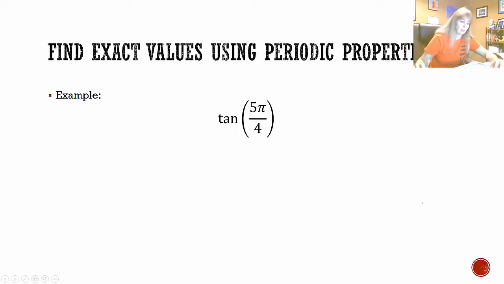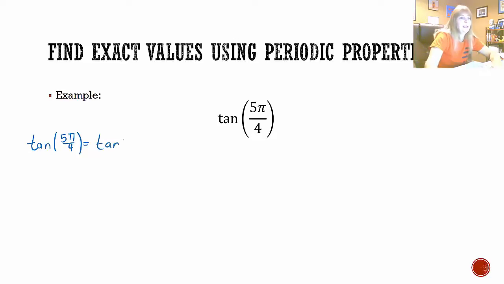Okay, moving right along. I have a 5 pi over 4. Once again, I'll do this two different ways. So the tangent of 5 pi over 4, I see how many times will 4 go into 5, and it'll only go once. So 1 pi over 4. And then what do I have left? Well, I have 4 pi over 4, right?